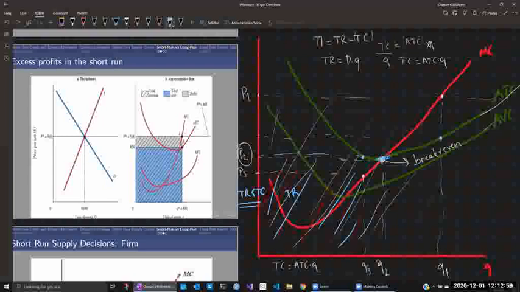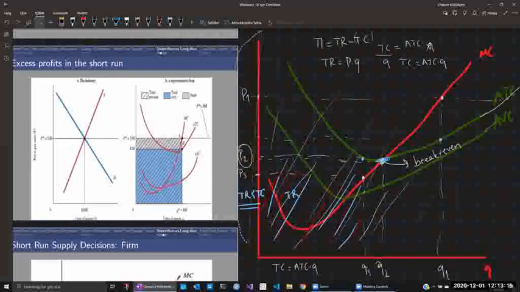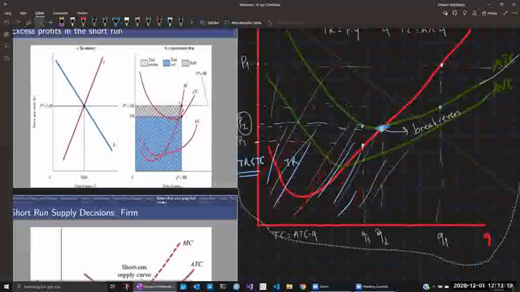So now let us consider the following. If you don't make any production, so let's think about it. Or maybe let me draw it once again so that we see it more clearly.